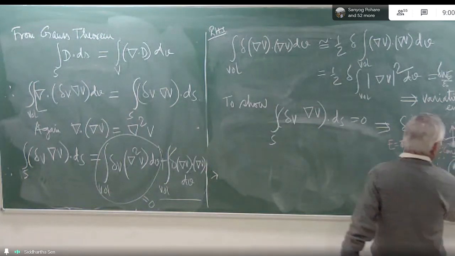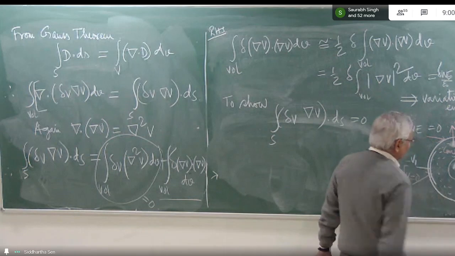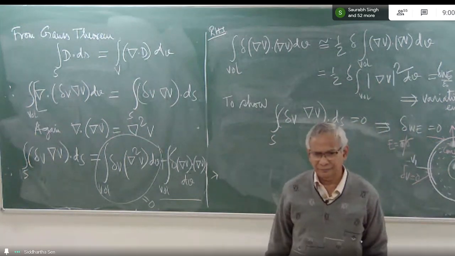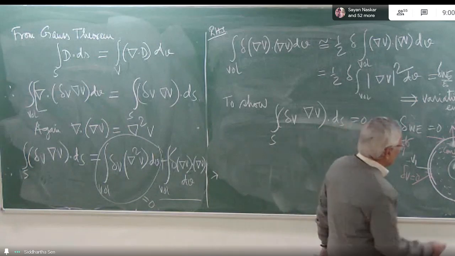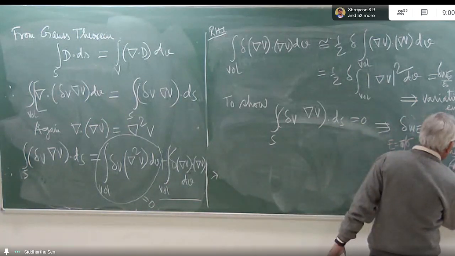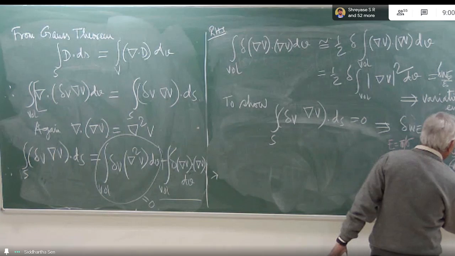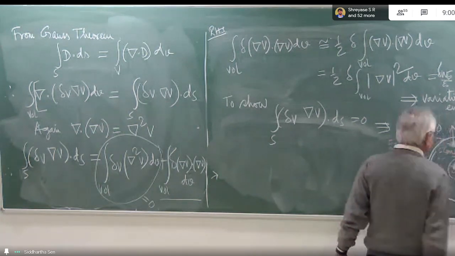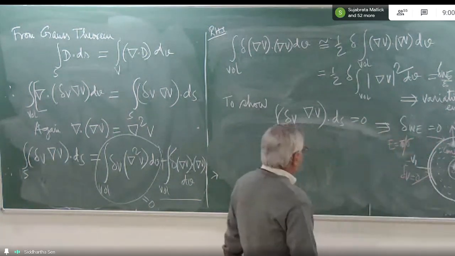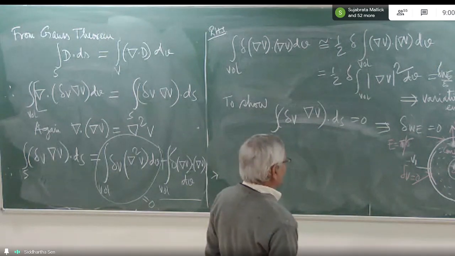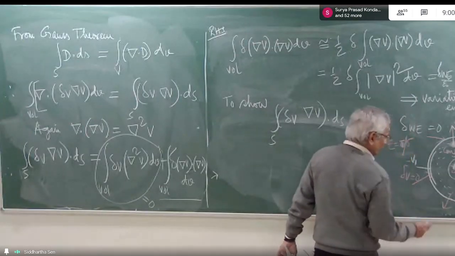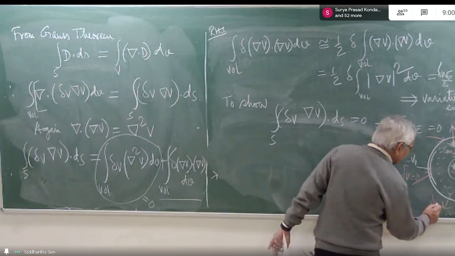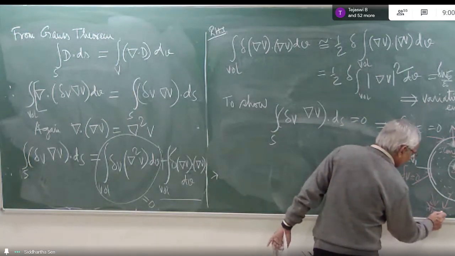What is the boundary condition on this side? Same thing, del V del N equal to 0 there. Okay. So a very interesting thing is that in this case it is del V del N equal to 0.